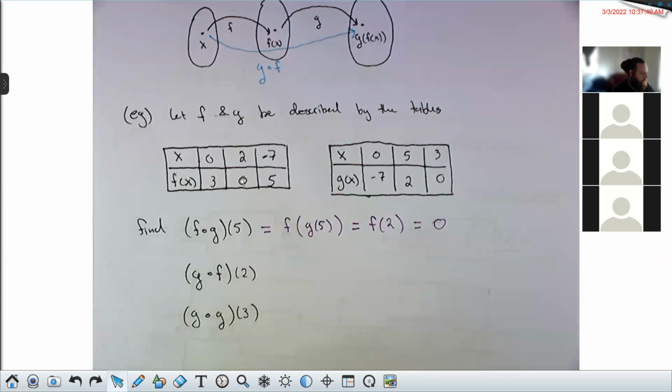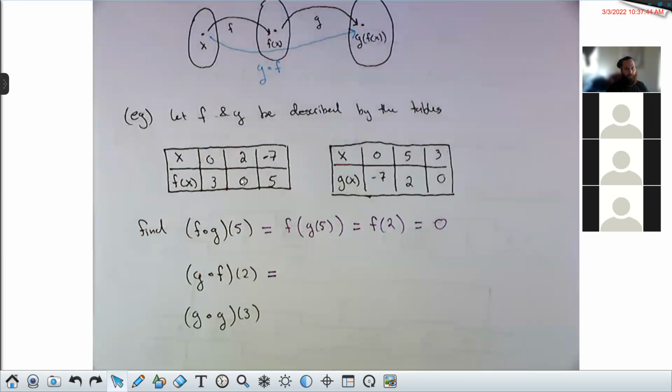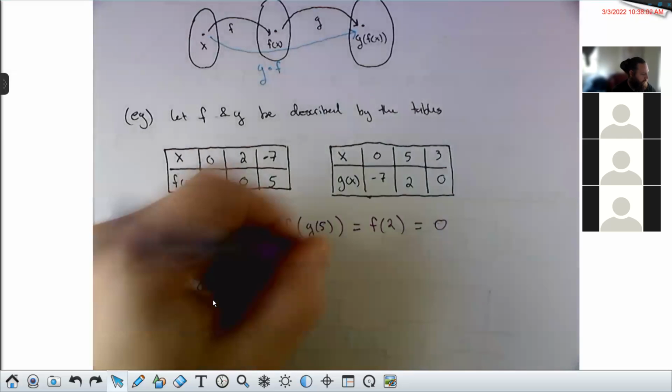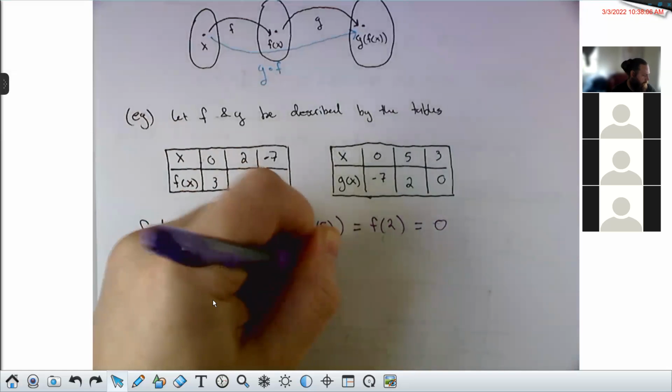All right, let's try this with the second guy. What would be my first step here? What would I write down? The g of f of 2. Yeah, very good. G circ f of 2 is, we just write it in that function notation, g of f of 2.